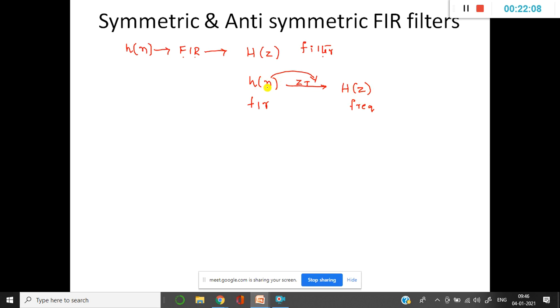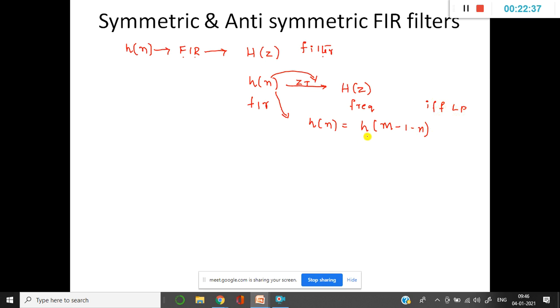So when I want to apply the z transform to h of n, I have the condition that h of n should be equal to h of m minus 1 minus n. What is this condition all about? If and only if this condition is satisfied, then I say that it is a linear phase.